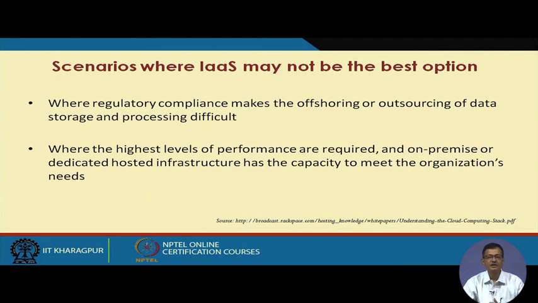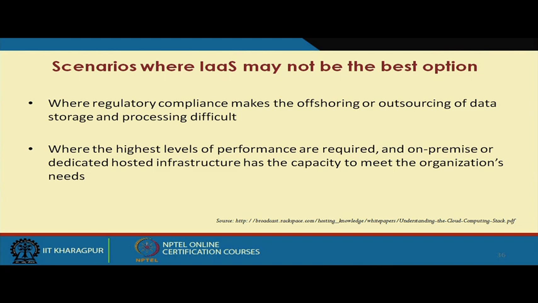There are some cases where it may not be the best option, where there may be regulatory compulsion or legal issues, so you cannot make your data or your computing sit on other premises, or you cannot outsource the data storage or computing.